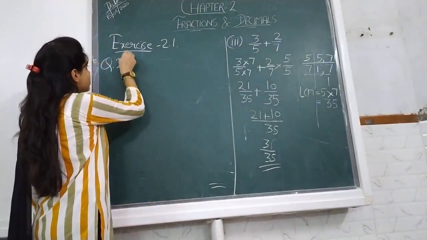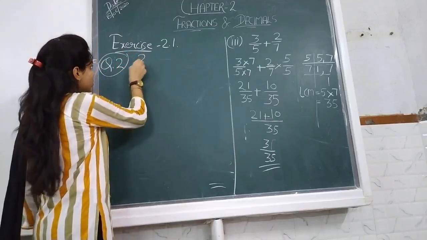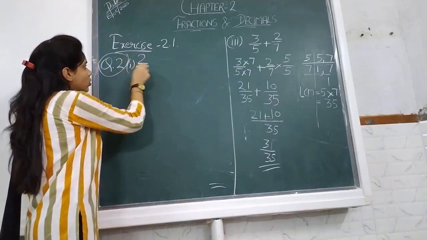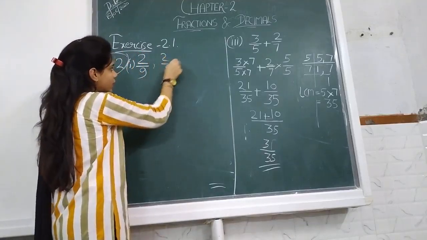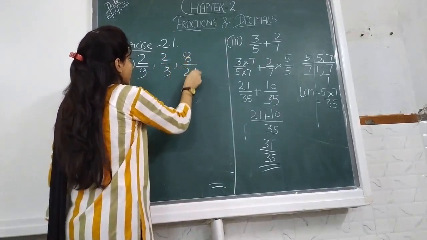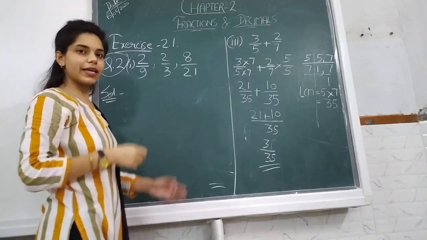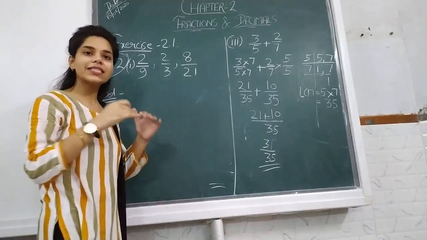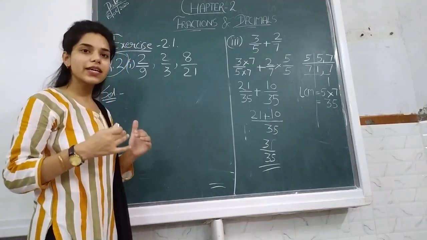We can arrange by making them like fractions. See how? 2 by 9, 2 by 3 and 8 by 21. By making them like fractions, we can easily arrange it in descending order.